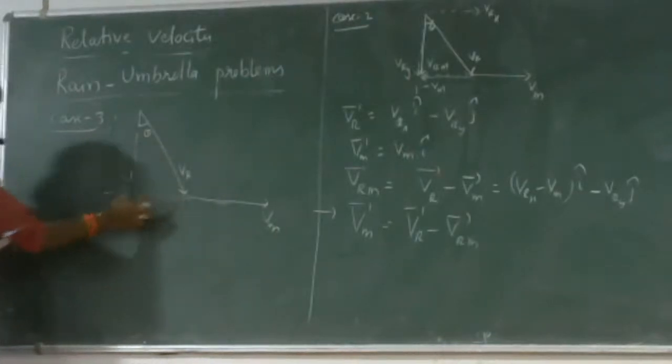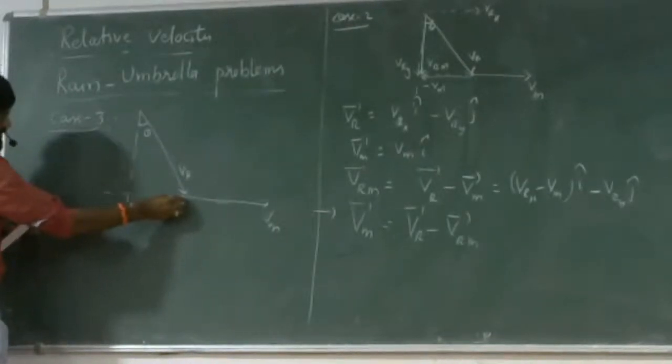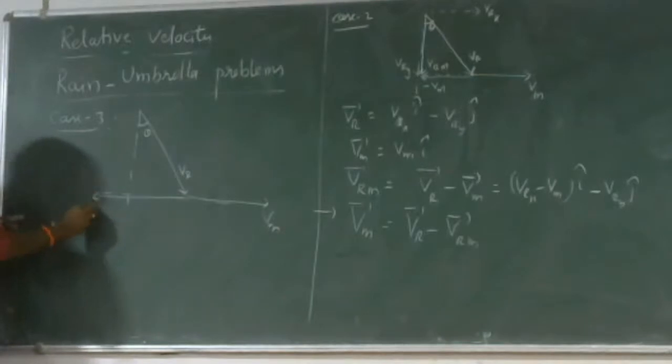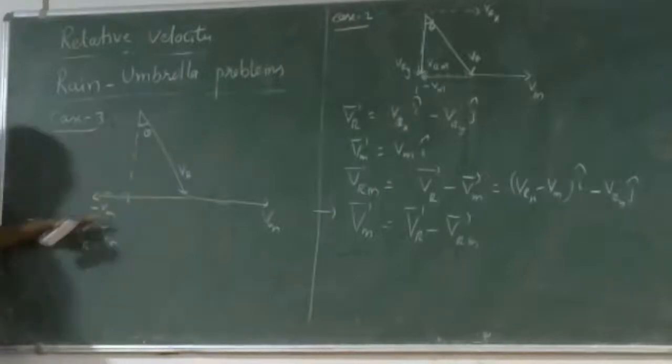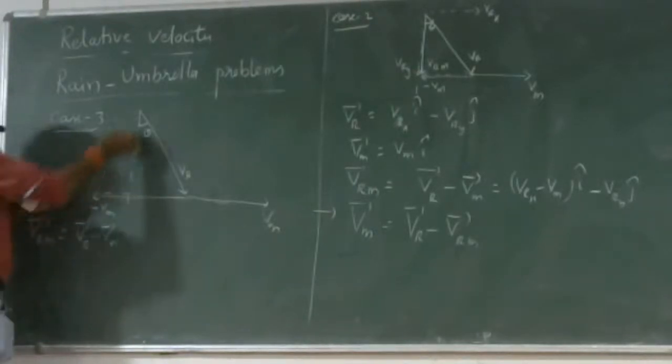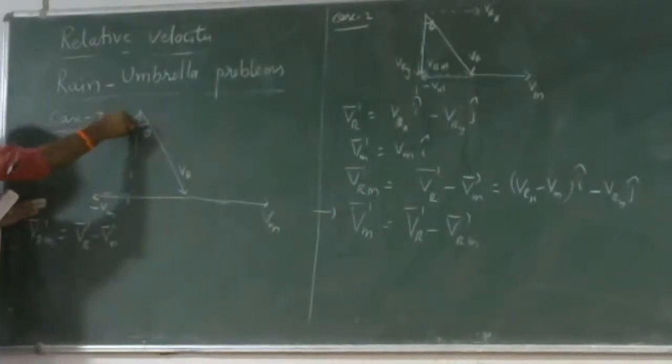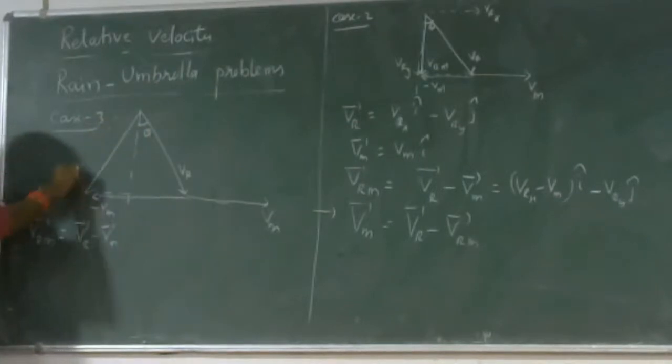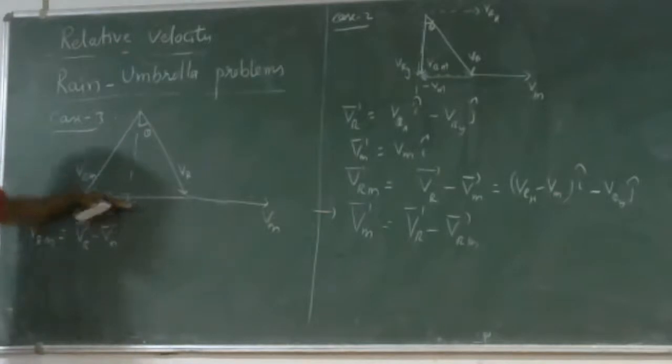So now the reverse velocity will be till here, we have to take minus Vm. So now velocity of rain with respect to man is equal to velocity of rain as it is, plus the reverse velocity of man, minus Vm. The vector sum of these two is the velocity of rain with respect to man. Is it clear? So pictorially you can understand this.